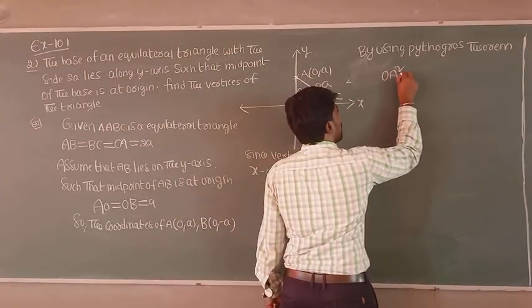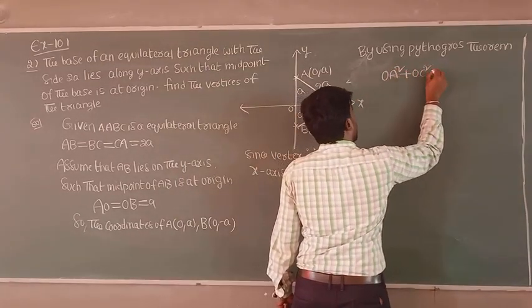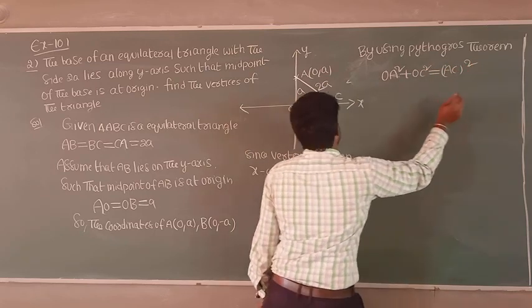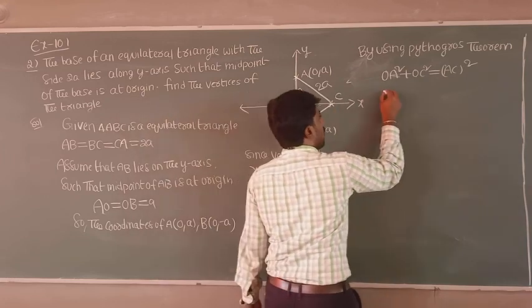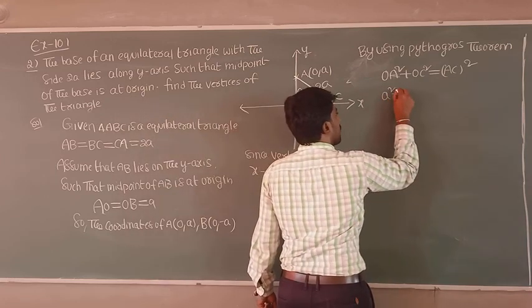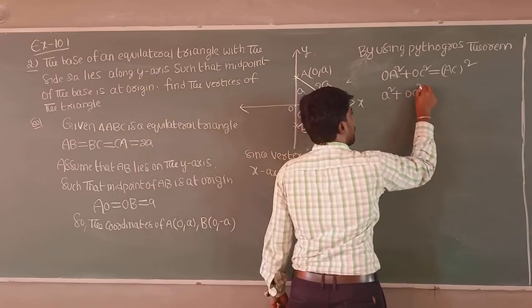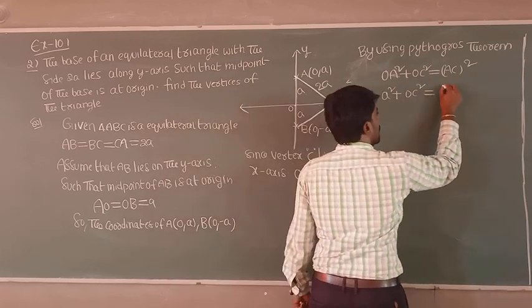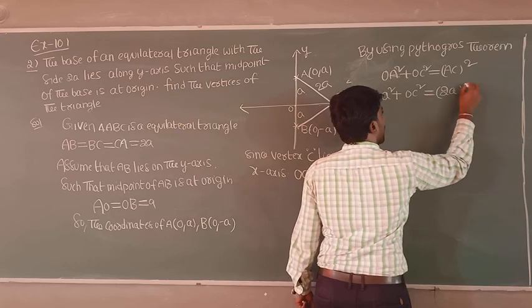OA square plus OC square equals AC square. Here OA length is small a. So a square plus OC square, I don't know. OC square equal to, AC length is 2a, so 2a whole square.